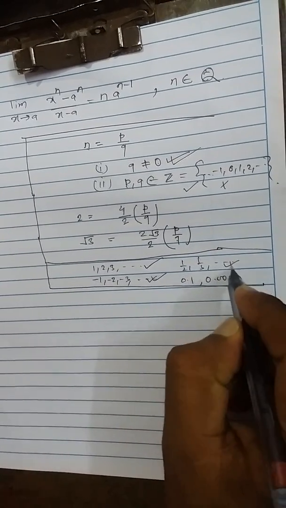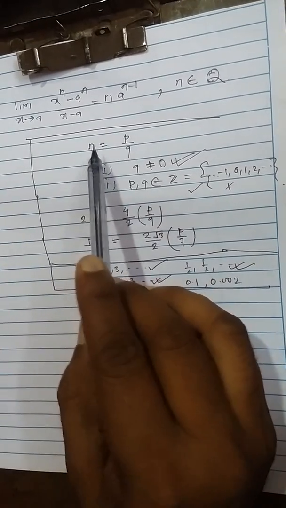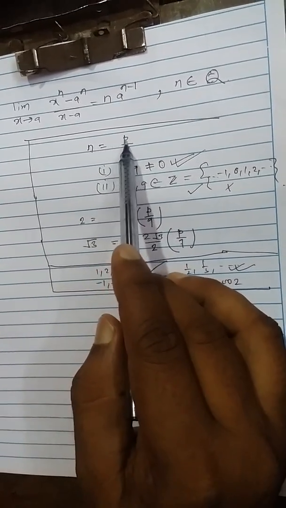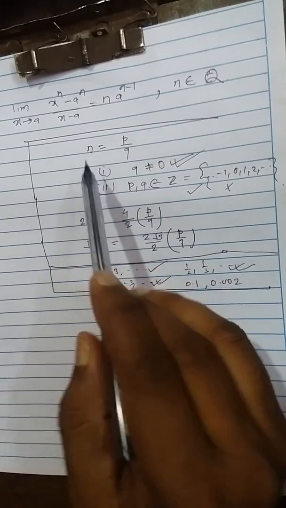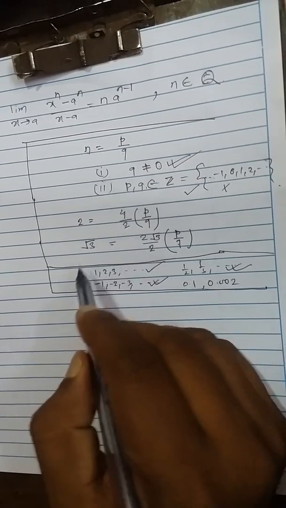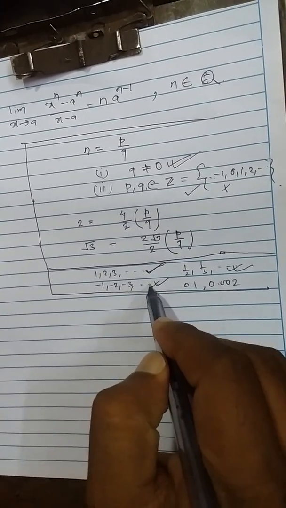So let us classify a rational number n into groups. First one, positive integer. Second one, negative integer. And third one, fraction. Once again from the beginning, a rational number is that number which can be written in the form p upon q satisfying these two conditions. And a rational number can be kept in three groups. First group, positive integers. Second group, negative integers.